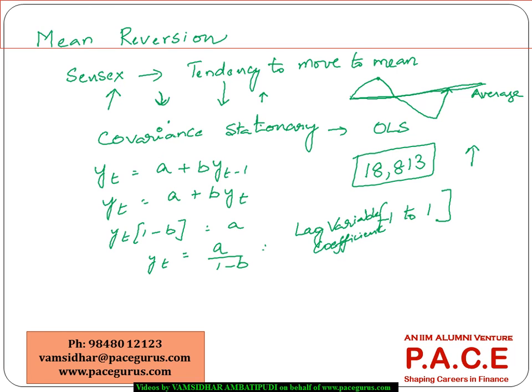Especially with respect to the financial and economic based models, we see a lot of non-stationary behavior being exhibited in the time series data, because the economy changes drastically, the conditions change drastically. So what we may see is the variables may not be floating around an average behavior.